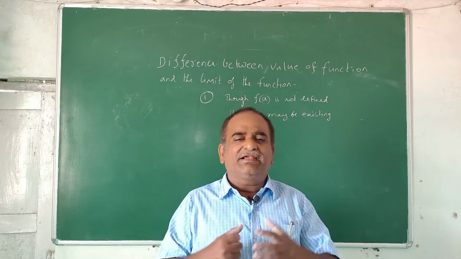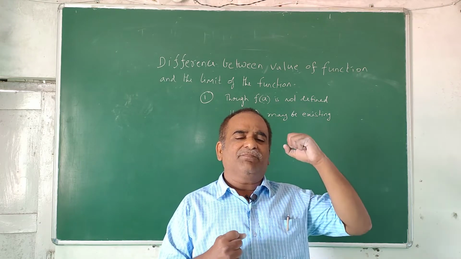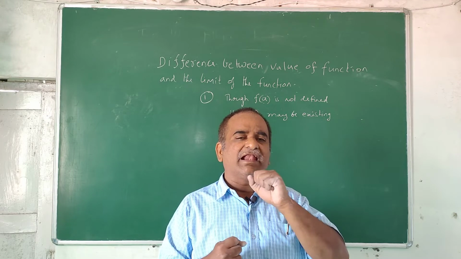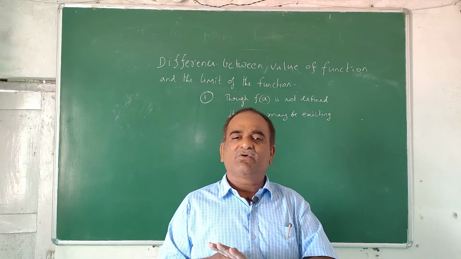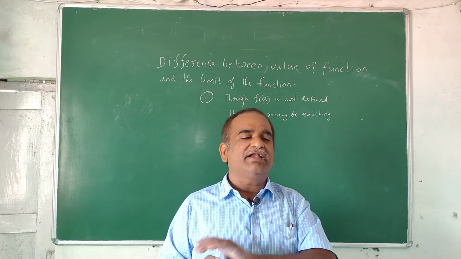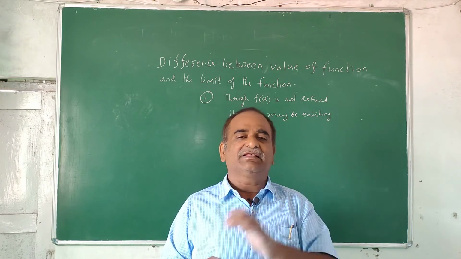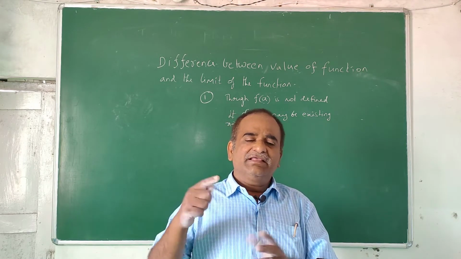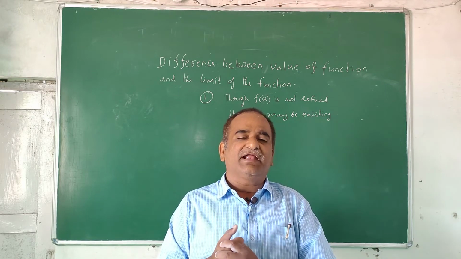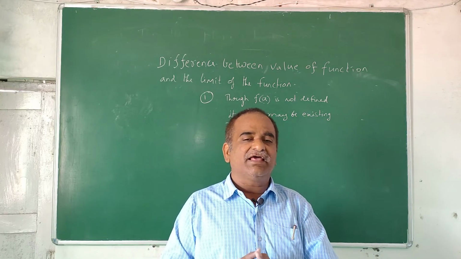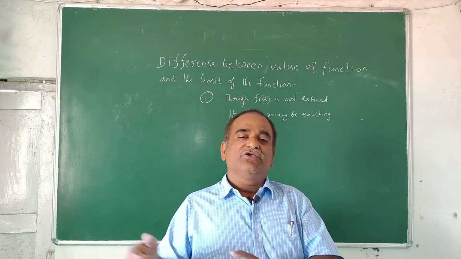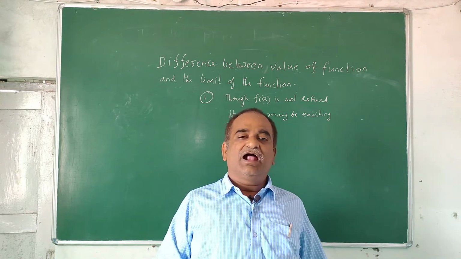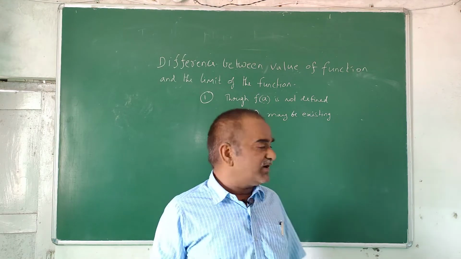So, there is no interrelation between the function not being defined and the limit not existing. Both are different concepts. In that previous table example, the function is not defined at 2, but you could successfully find the limit of the function as x tends to 2. We have seen it as 4. Understood? So, this is the most important point.